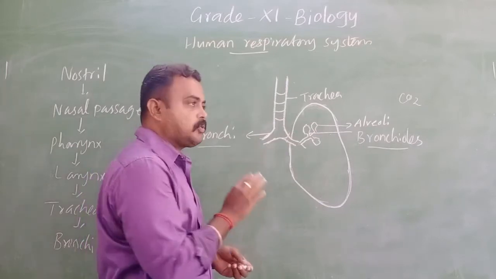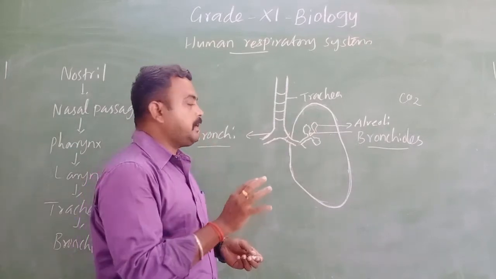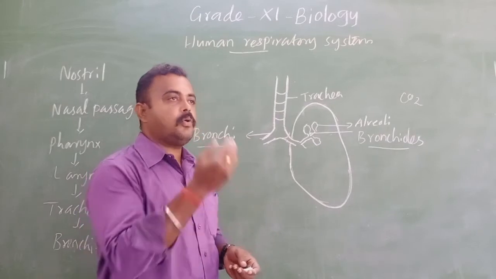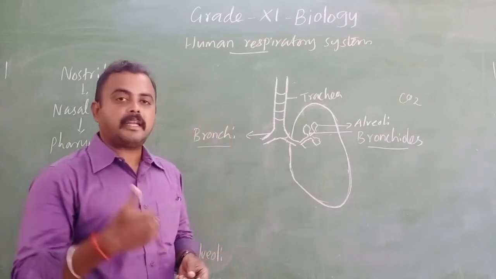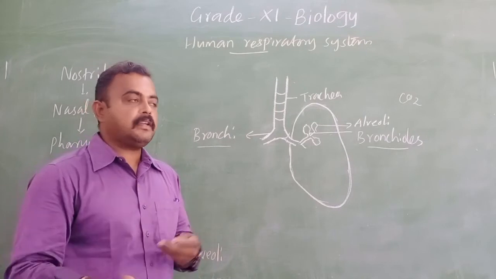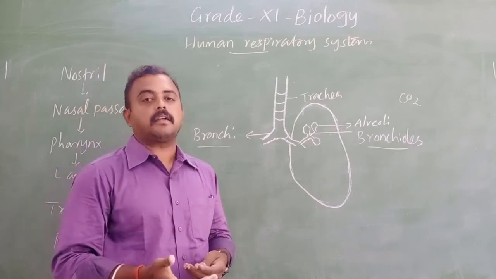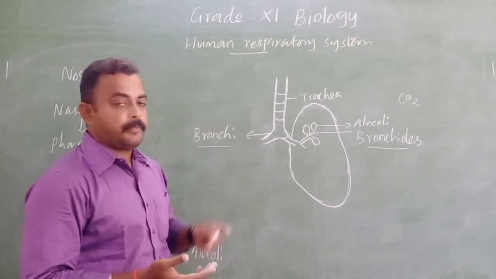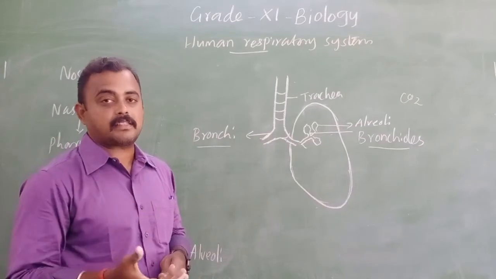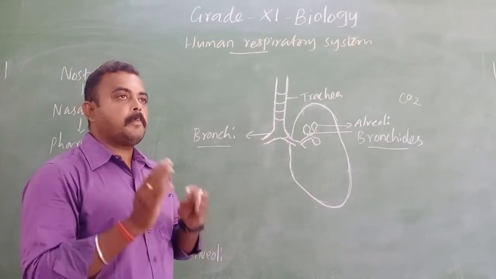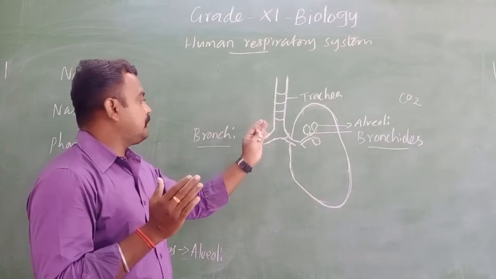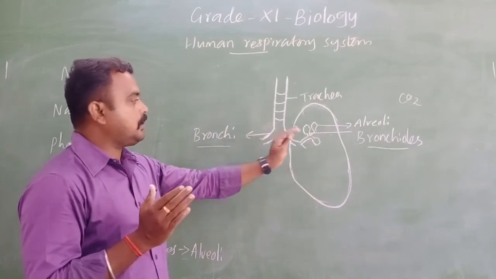If there were no cartilaginous rings, they would shrink, so we could not take air inside properly. A breathing problem would be created. So the cartilaginous rings protect the pipe: trachea, bronchi, bronchioles.